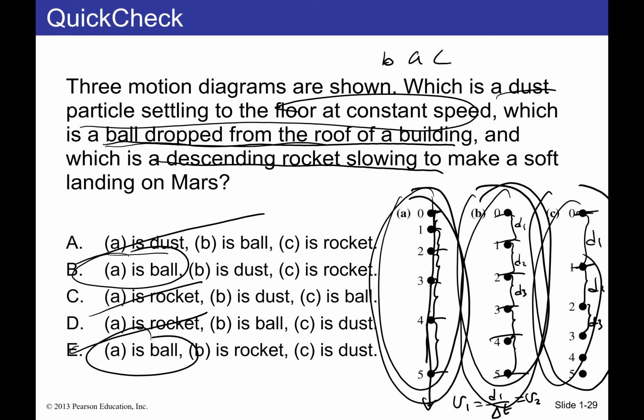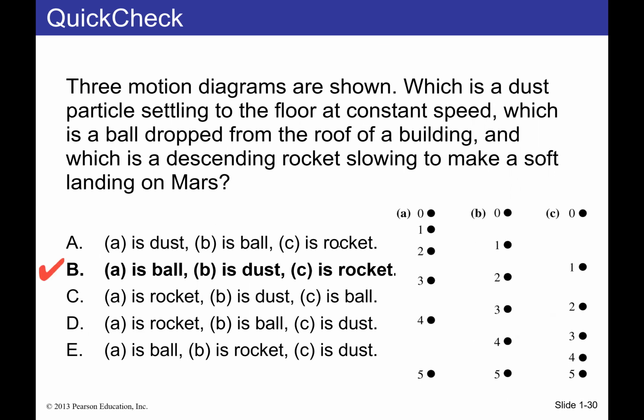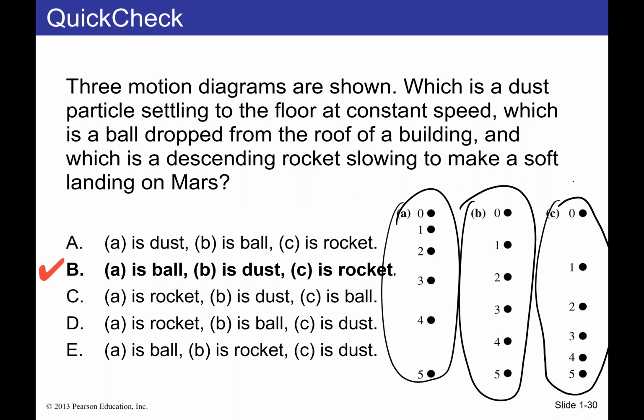B here is the dust particle. If I come back, this is rocket, so I eliminate this, and I have this as the right one, and C here is the rocket. That means B is the right answer, because I need to understand first what each one of them represents, what type of motion, so then I can go ahead and answer the question.